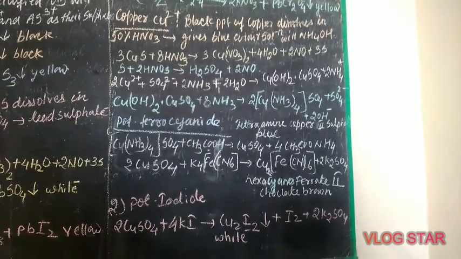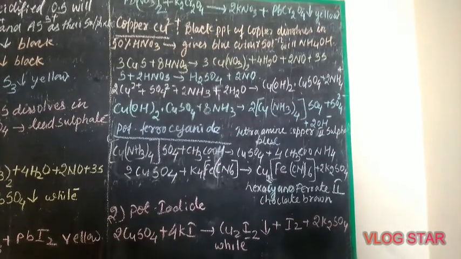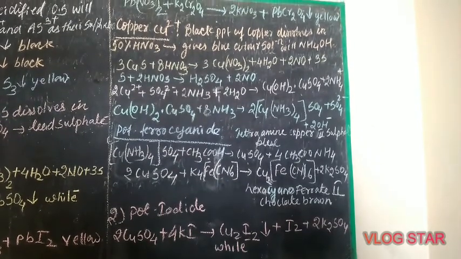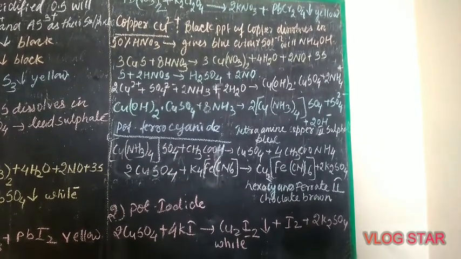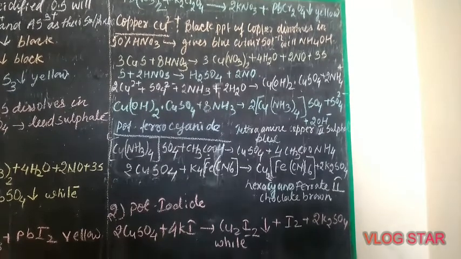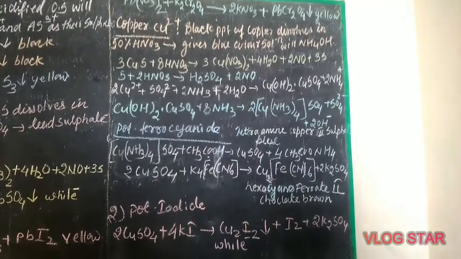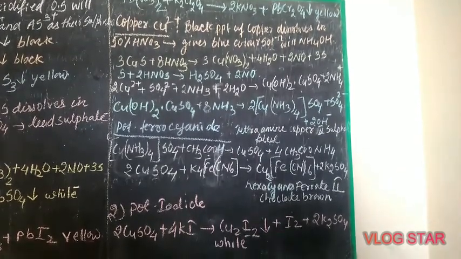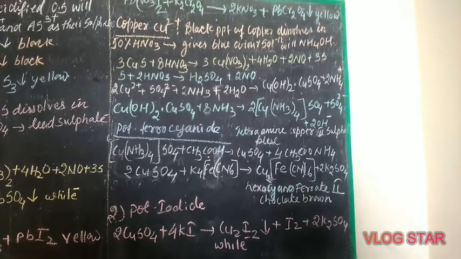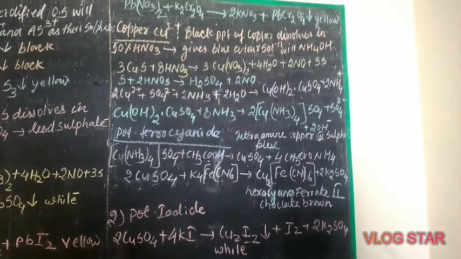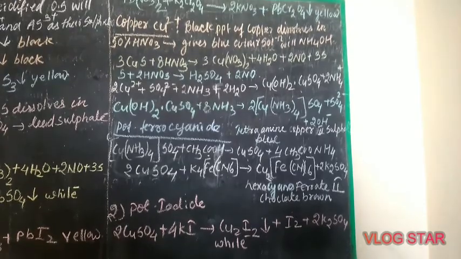The copper ion 2Cu2+ + SO4 2- + 2NH3 + 2H2O gives Cu(OH)2.CuSO4 + 2NH4+.